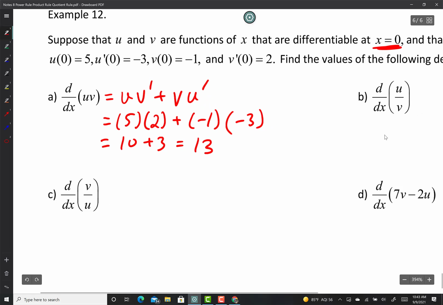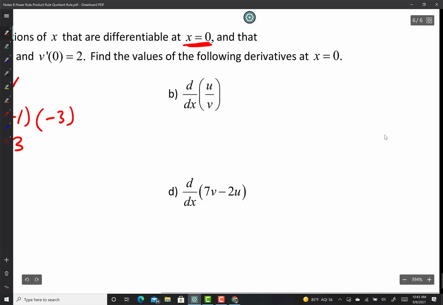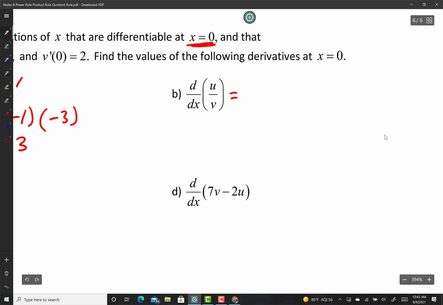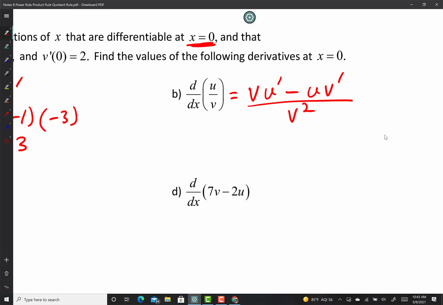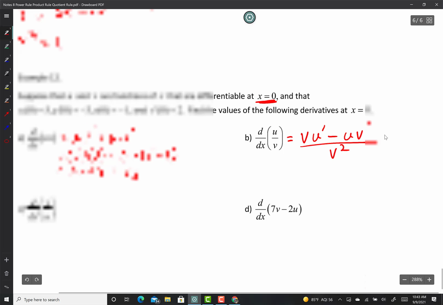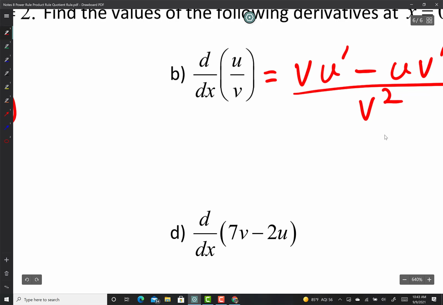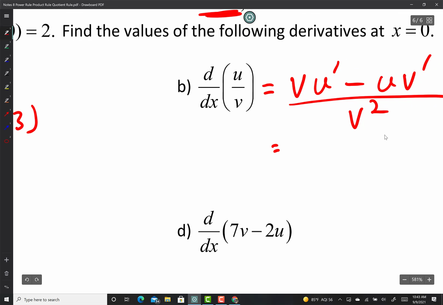All right, letter B. What rule do I got to use? Quotient, u over v. So what's the rule? V u prime minus u v prime over v squared. Let's plug in. What was v at 0? -1. What was u prime at 0? -3.